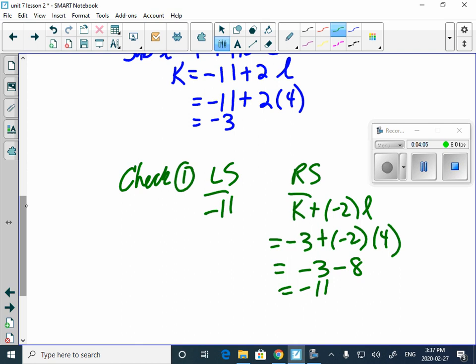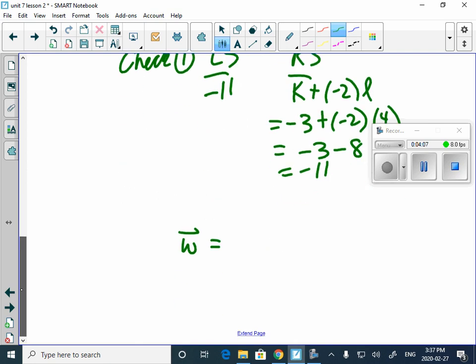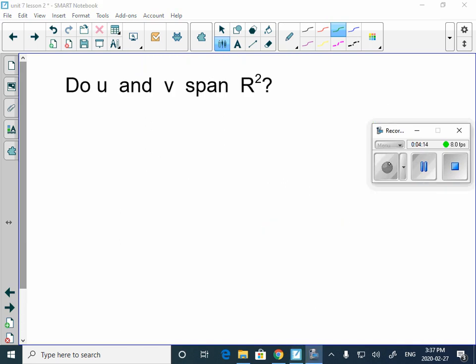So I have negative 3u plus 4v. So u and v span R2. That means that they can create any other vector in 2 space by having a linear combination of u and v.